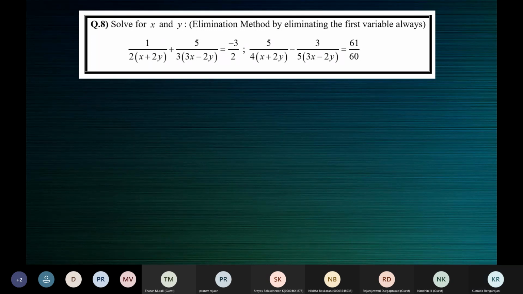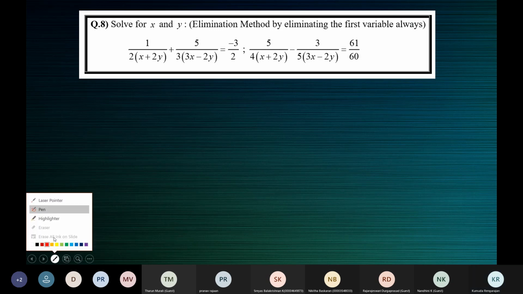Write down the question. Write down the equations given. And tell me how do you split the terms in the equations. Please, mic is enabled. Please disable your mic. By now you should have written the question.